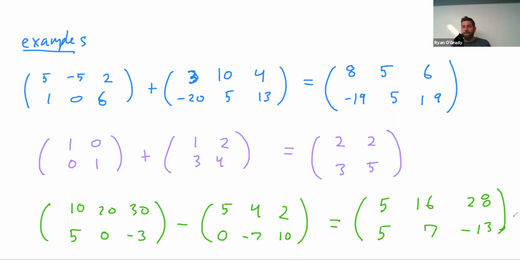Yes. What happens if the rows and columns are different? It's a great question. You can't. Right? Notice when I defined this, I said they have to both be the same size. So that's a good point. The point was, what happens if the rows or columns are not the same? So that's a very important remark.